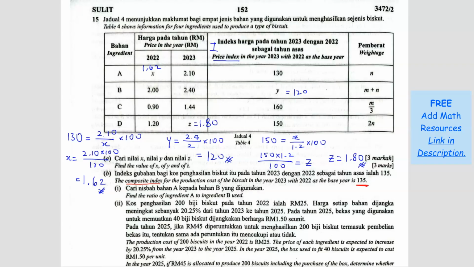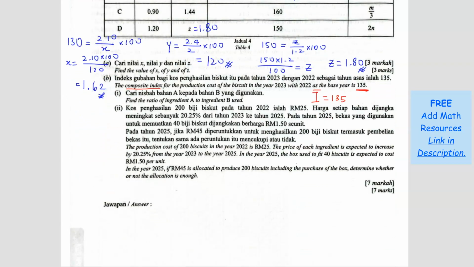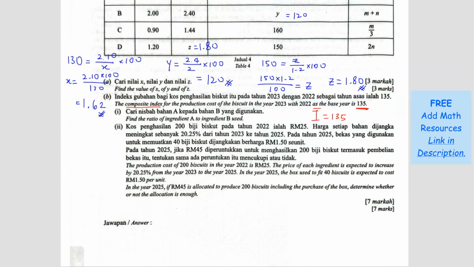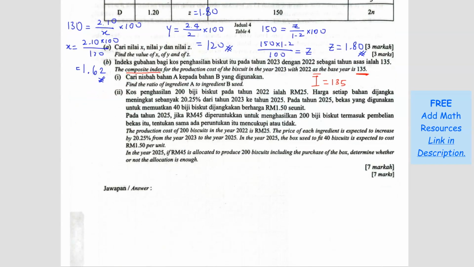So the composite index for this whole biscuit is 135. We can use this to find the weightage, because we don't have the weightage. So let's do this together.